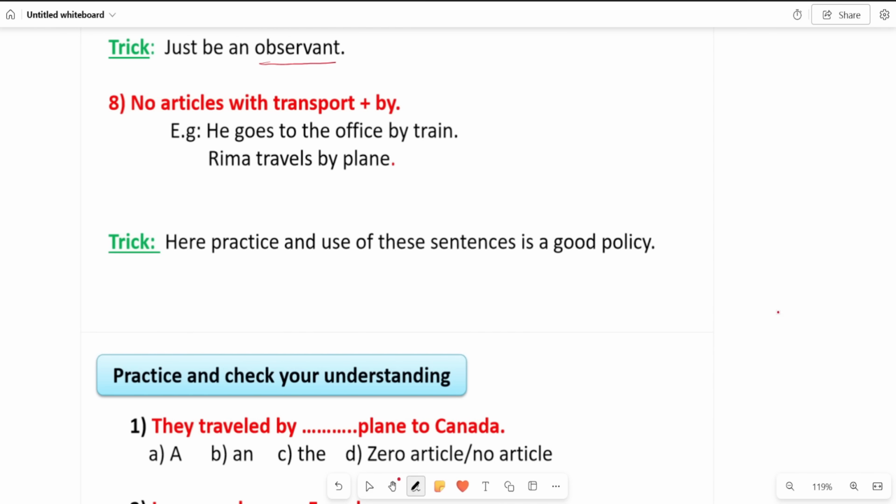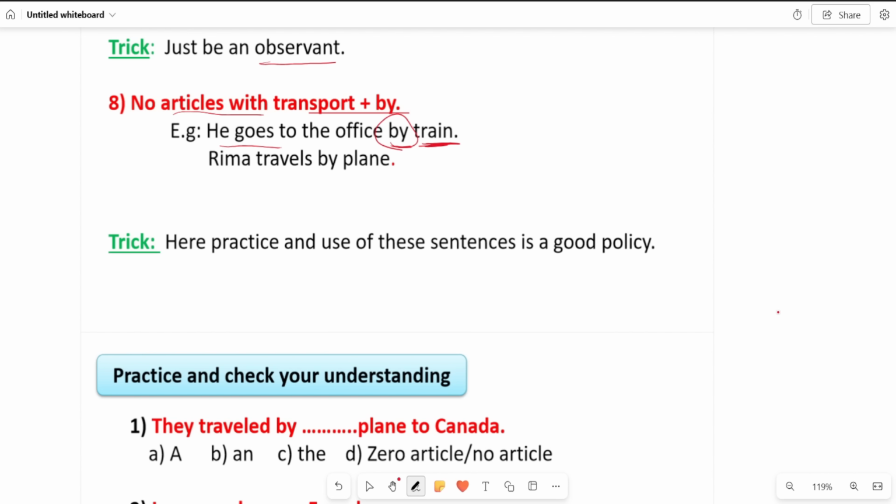Then the other thing, we use no article before transport plus by. Now let's understand this. Ram, or somebody else, goes to office by train. Here the transport is train, the vehicle is train, and before train we have used by, isn't it? So we can't use any article here.